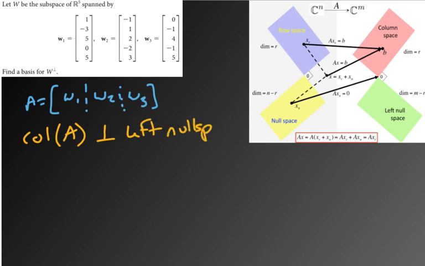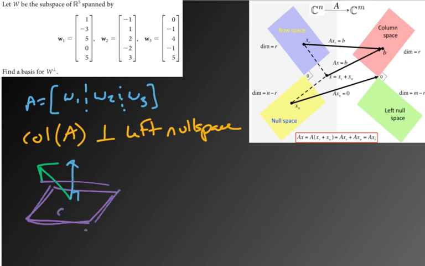And so basically I'm thinking of this picture that we had last time, where we have some vector over here, but we wanted things that are perpendicular to my plane, right? My plane is like my column space, and if I want a basis for the things that are perpendicular to that plane, I can just utilize the fact that the left null space is perpendicular to this matrix that's formed by sticking these 3 vectors in as columns.